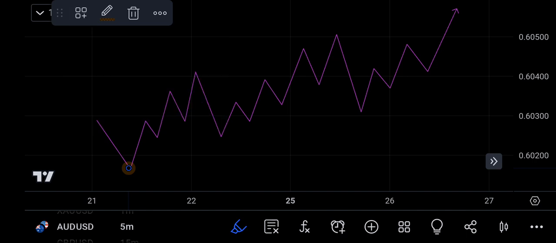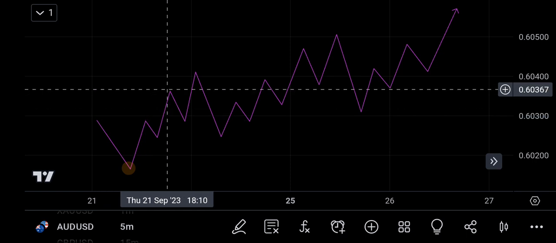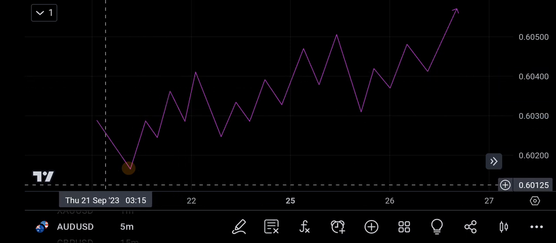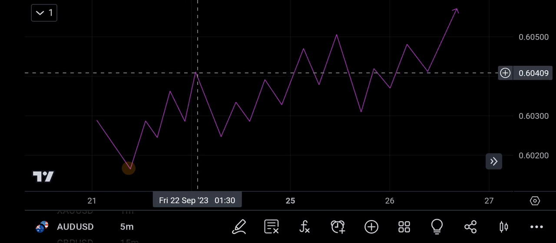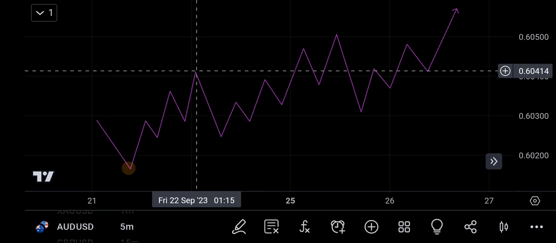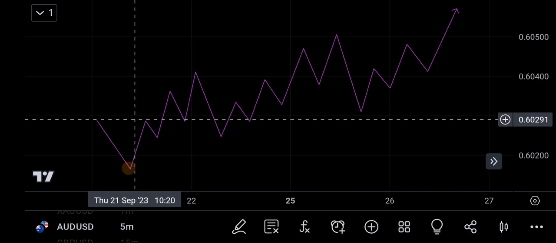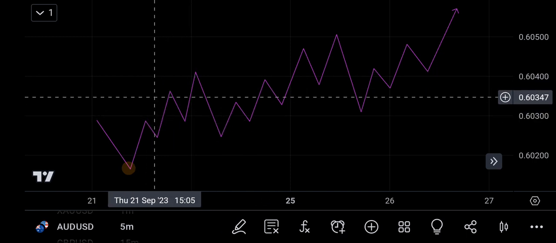Now we consider all the pullbacks inside. Now we want to know our swing high. Someone can say this is a high, this is a high, this is a high, but amongst these three highs, which one is our swing high? Our swing high is the one that took out the most recent pullback. We have this pullback here, which is the most recent.